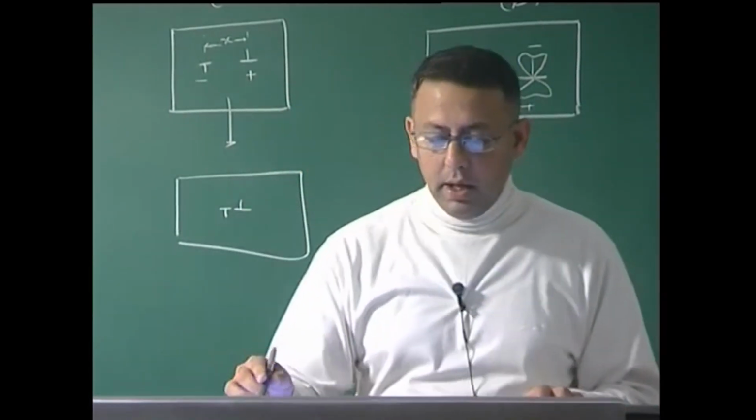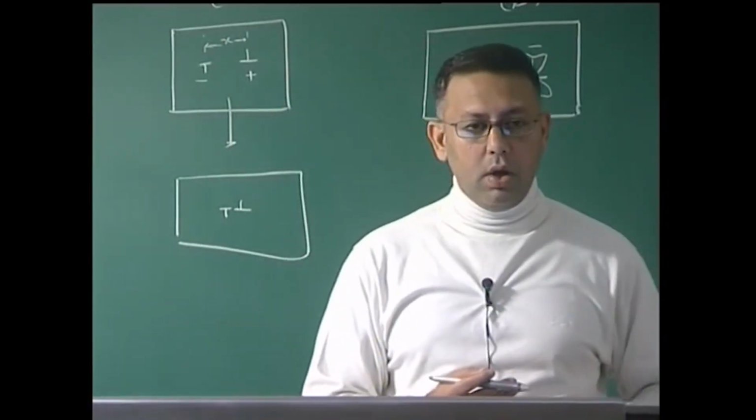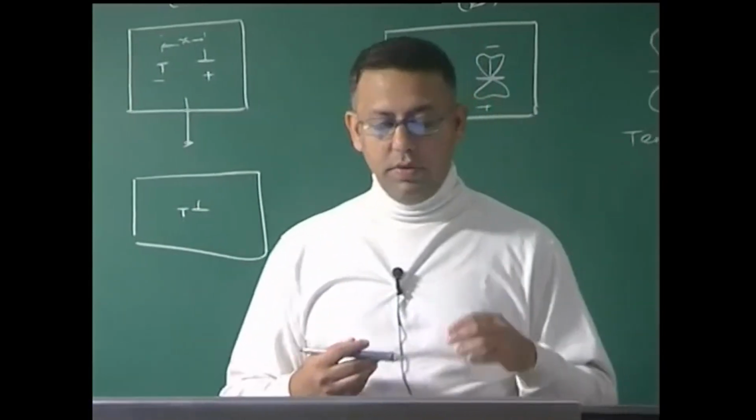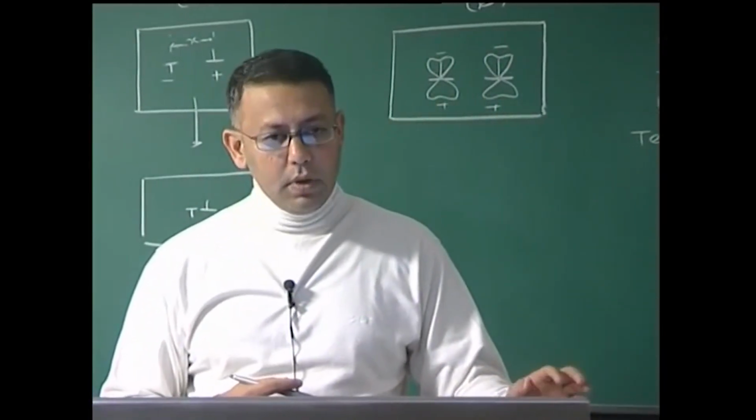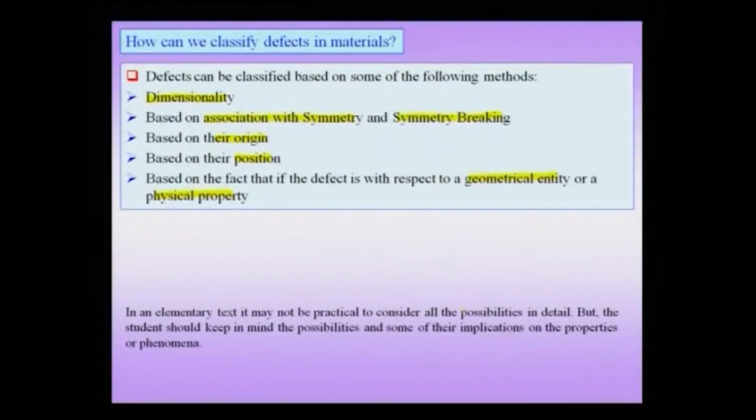Similarly, here the defects also are going to be either of geometrical origin or they could have an origin in the physical property. Just to reiterate once more, we are not going into too much detail, but are having a broad overview of the subject, and a student can refer to some detailed text when he wants a lot of knowledge on these and other allied topics.